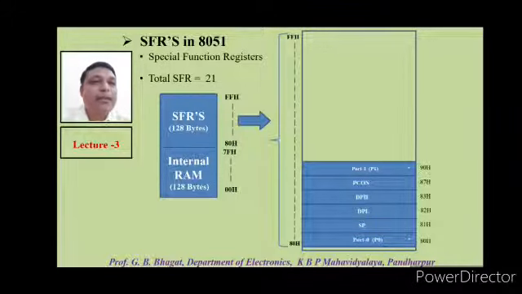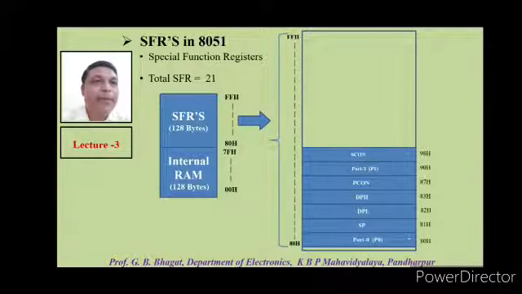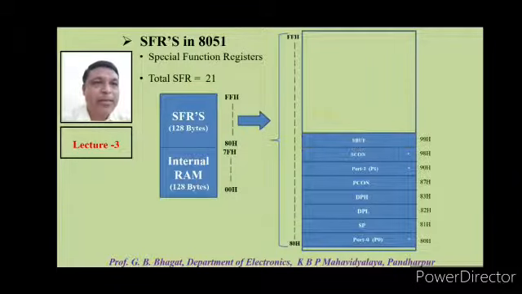The next, address 90 is assigned for port 1, that is P1. Again this P1 is bit addressable as a star is given there. The next SFR is SCON. Again this SCON is also bit addressable at address 98H. The next SBUF having address 99H.